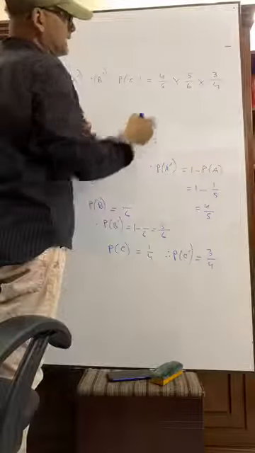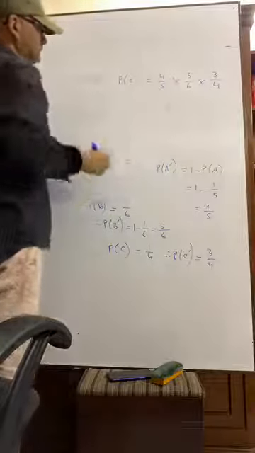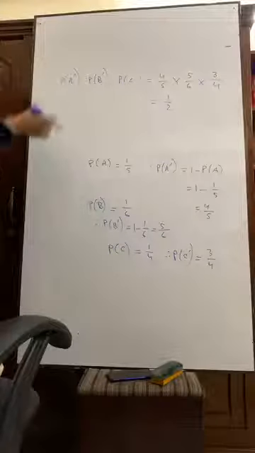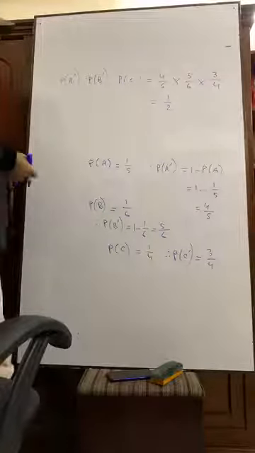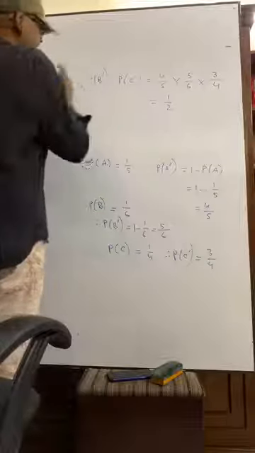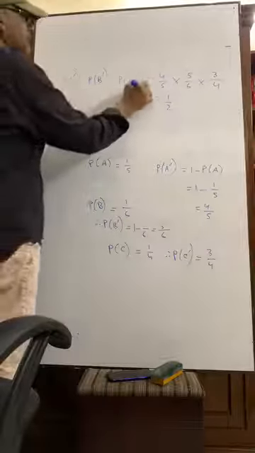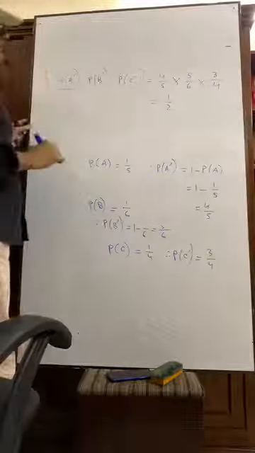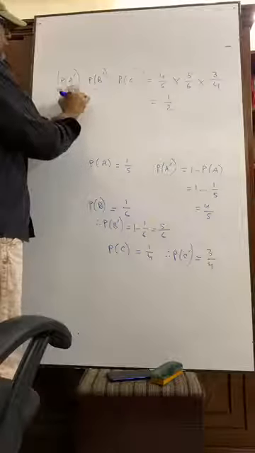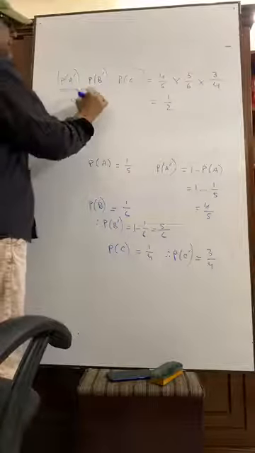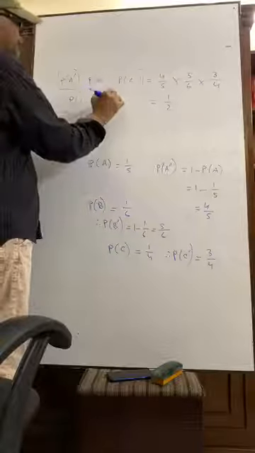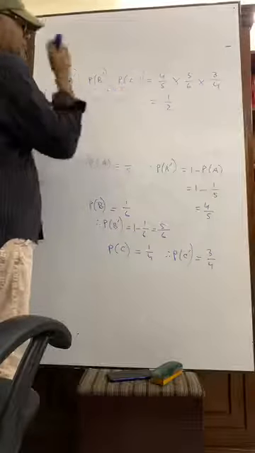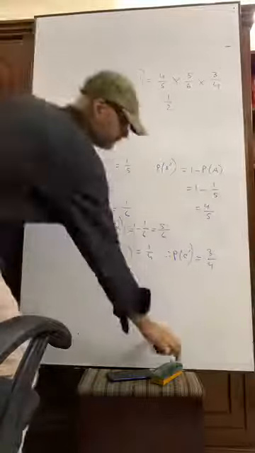So we get half here. Actually, what is this? This is P of A prime intersection B prime intersection C prime.